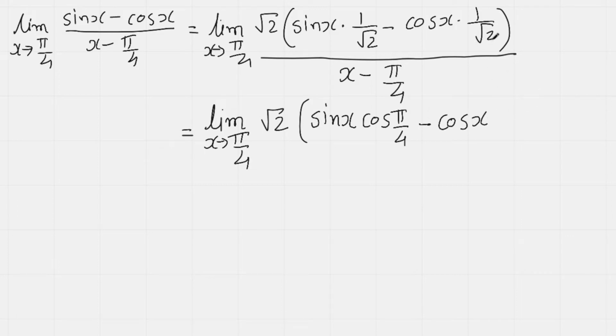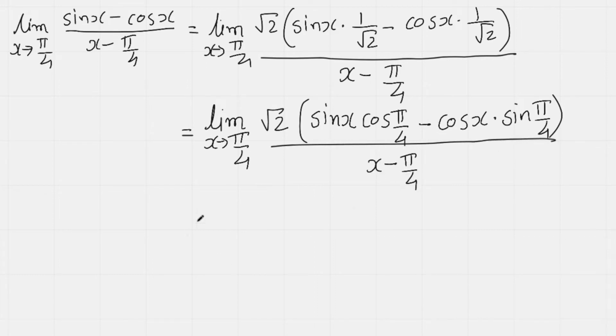Instead of 1 over square root 2, we can write sin pi by 4, and whole divided by x minus pi by 4 as it is. Now we can take this constant square root 2 outside of the limit. So this is square root 2 times limit x approaches pi by 4.